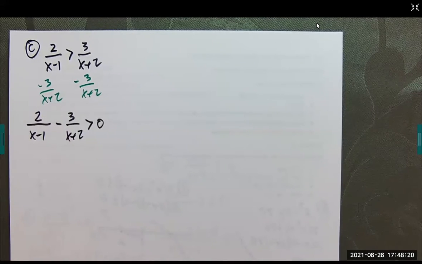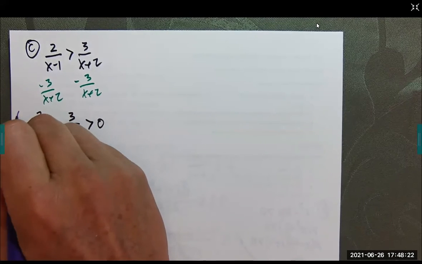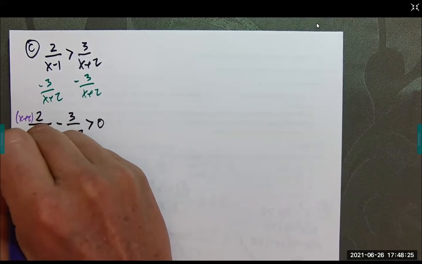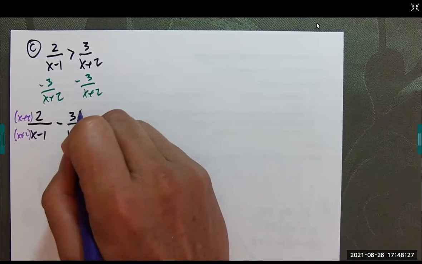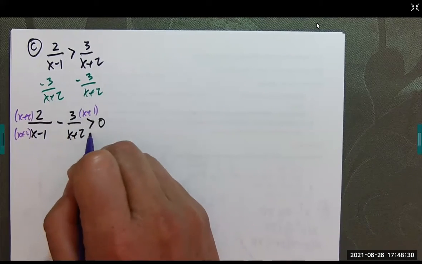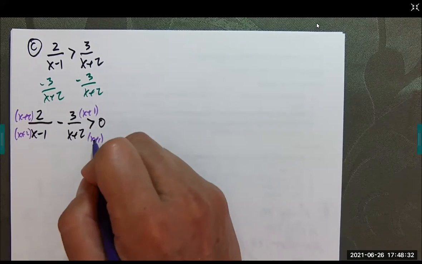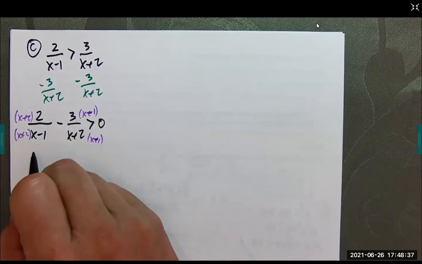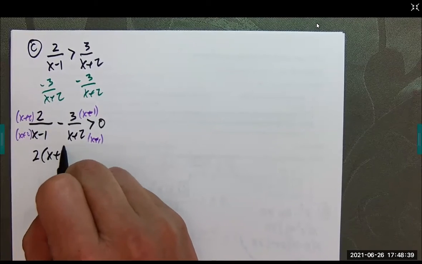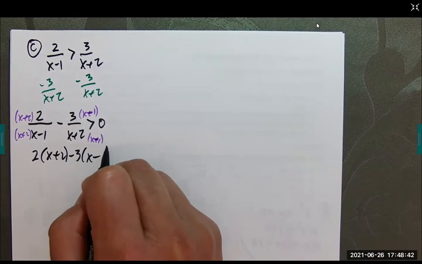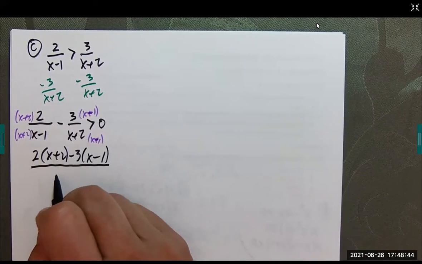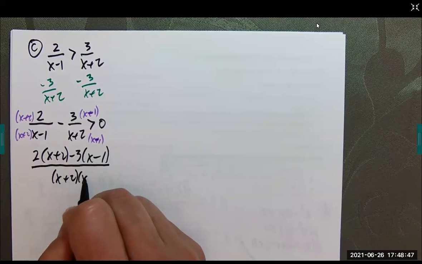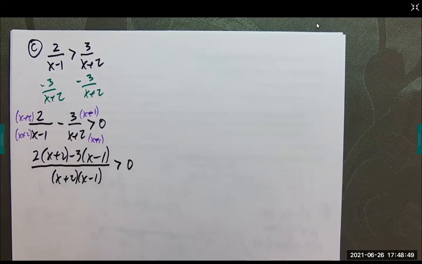That also means that I have to get a common denominator. So we'll get 2 times x plus 2 minus 3 times x minus 1 all over x plus 2 times x minus 1. So we get 0. And we have to distribute and combine, and then we can start the testing process.